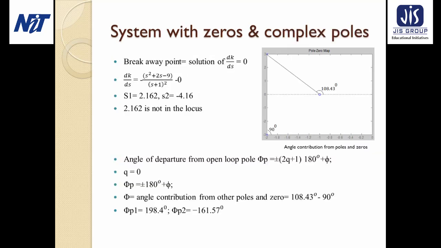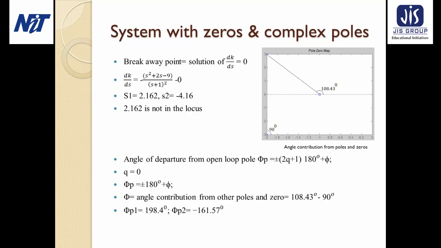So next we need to find out the breakaway point, and the breakaway point is the point where the multiple roots of the characteristic equation occur, and it is obtained by the solution of dK/ds equal to 0.